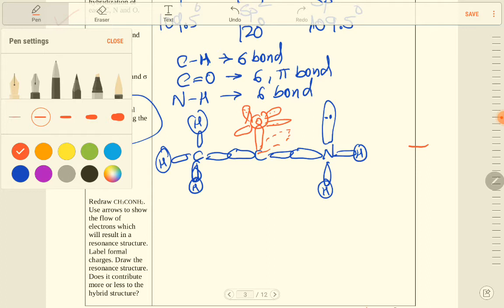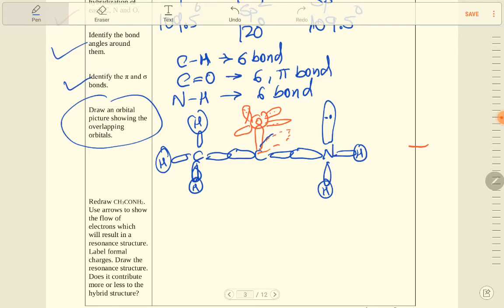This is carbon. So these pi electrons on carbon and this pi electron on oxygen, when they overlap, make the pi bond. So that is something you can draw in an orbital picture. This is a sigma bond and this is a pi bond, one pi bond.